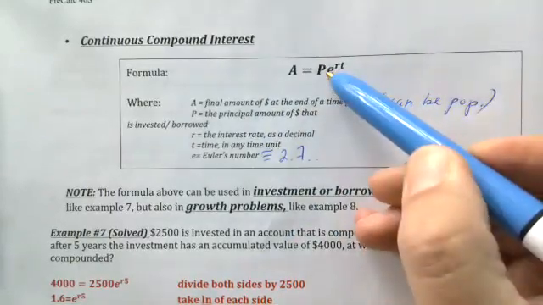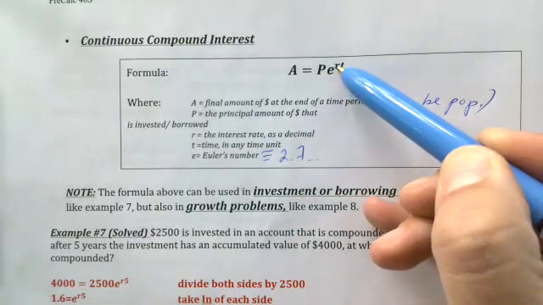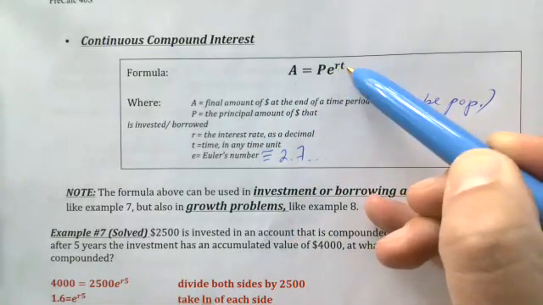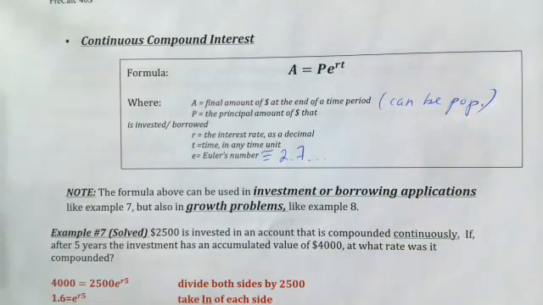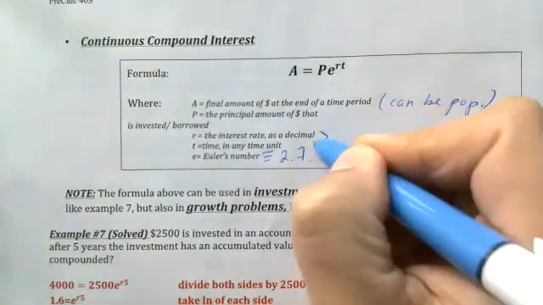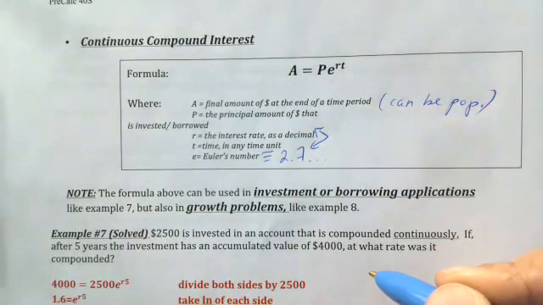P is the original amount, and then we have rate again as a decimal, and time is in any time units, because even though the growth is continuous, the time unit is referring to the rate. So we can always approximate the rate to a certain time period. So that time period is going to be the same. So these two, the time and the rate, are connected in terms of that time.